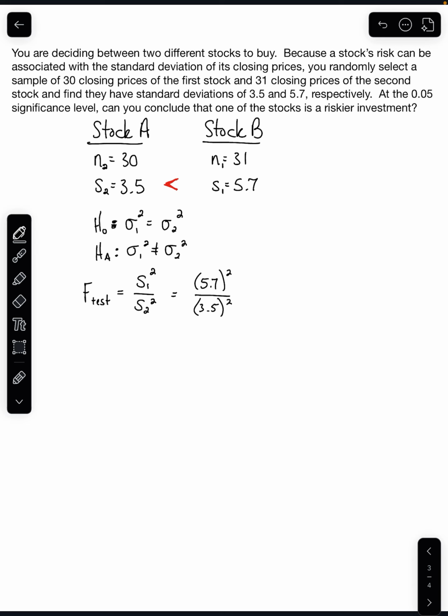So if we are given the standard deviations, we need to square them to get the variances. But we don't have to do that until we actually reach the calculation of the test statistic. And this gives us 2.6522, etc.